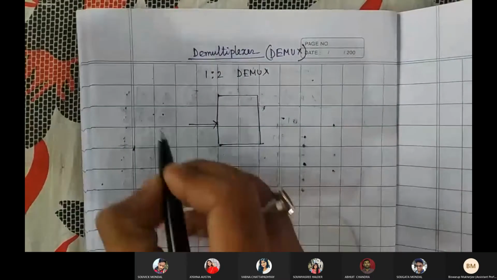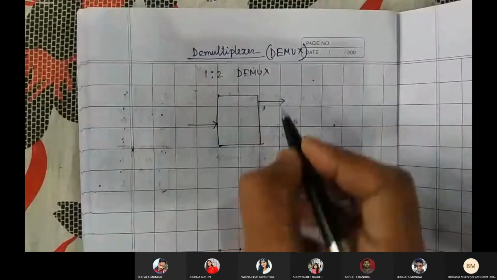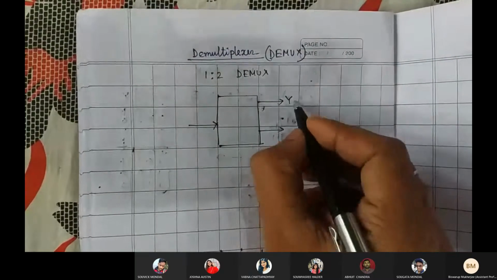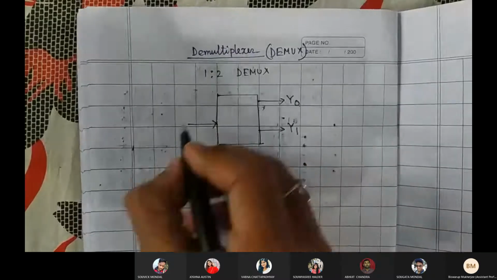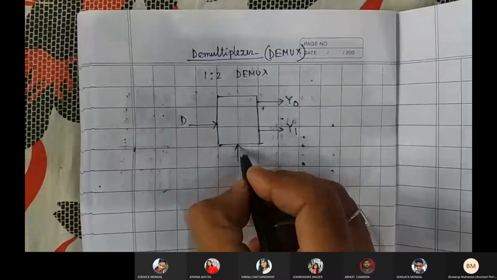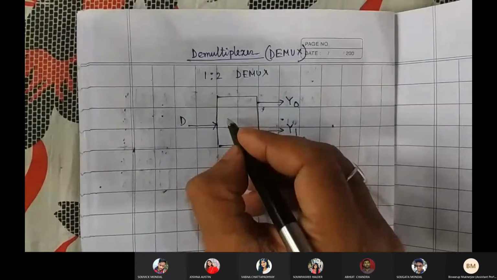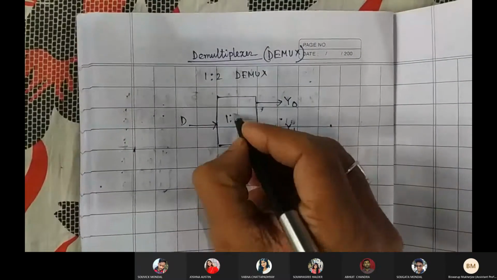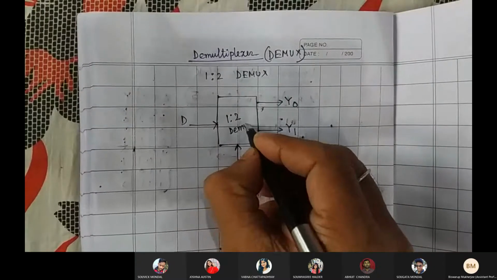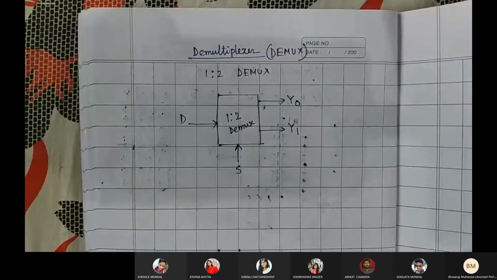Here, only one input is there, but two outputs. The outputs are Y0, Y1, and the input is D only. We have a select line, the same kind of select line. So here we should write 1:2 demux. What is the logic?